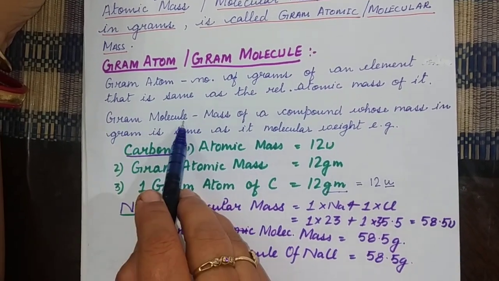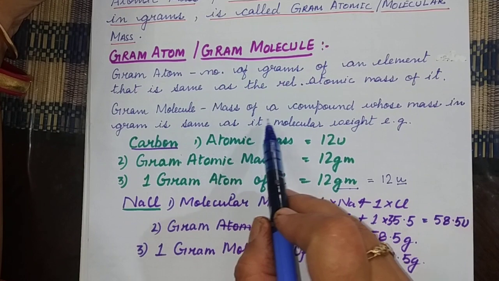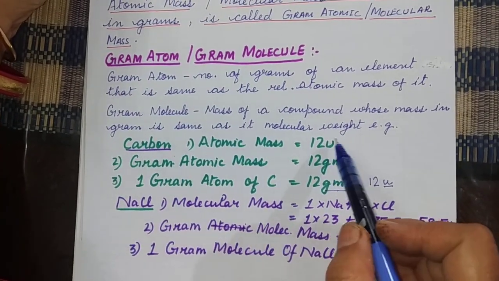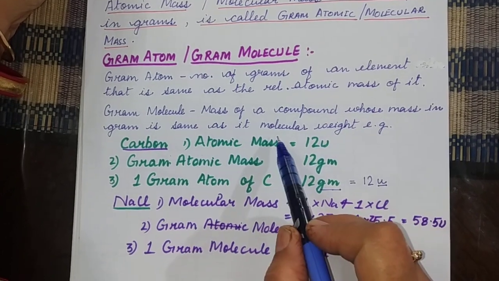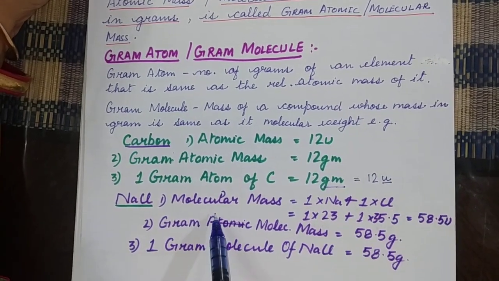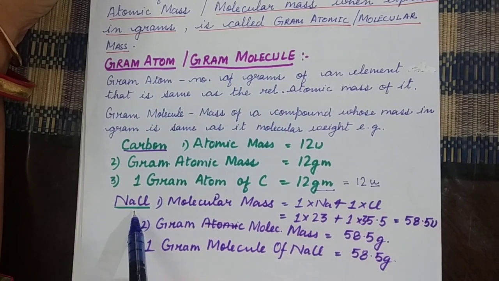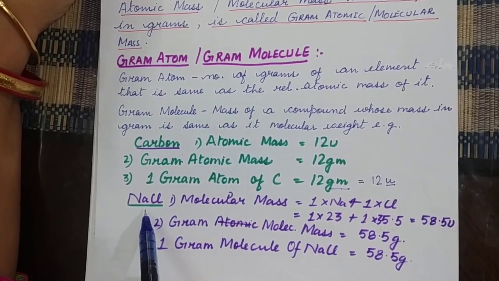Similarly, what is gram molecule? Gram molecule is the mass of a compound whose mass in grams is the same as its molecular mass or relative molecular mass. Let us take an example of a compound. Suppose I work with NaCl, sodium chloride. As you know, it is an ionic compound.